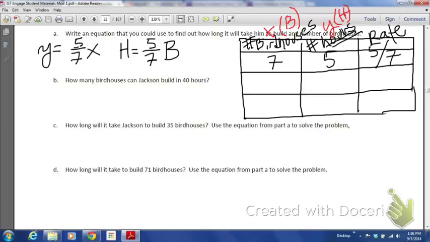Now B asks, how many birdhouses can Jackson build in 40 hours? This is a little bit different.